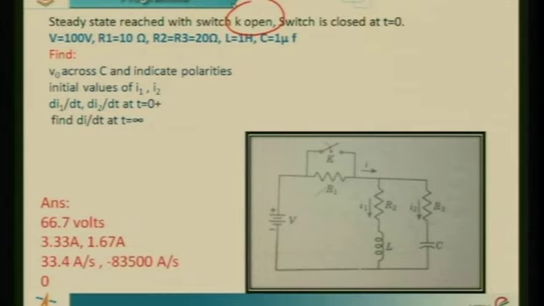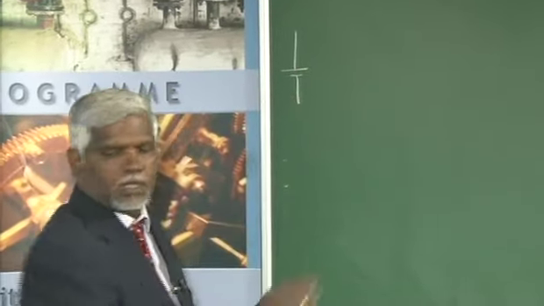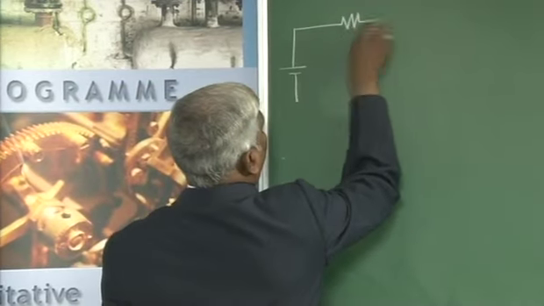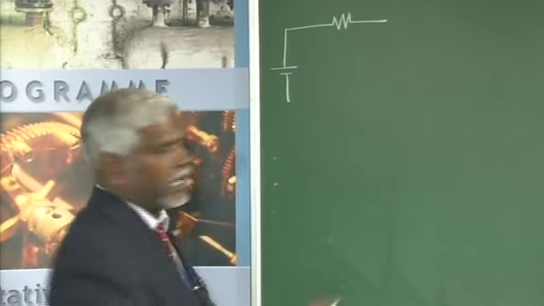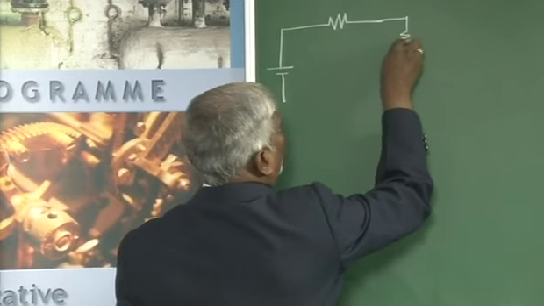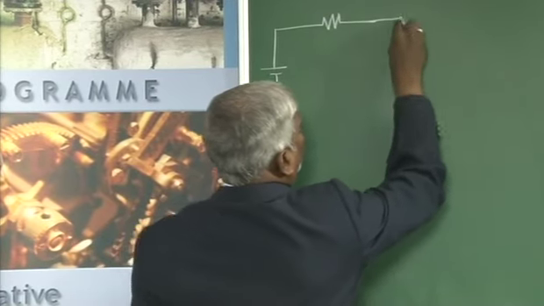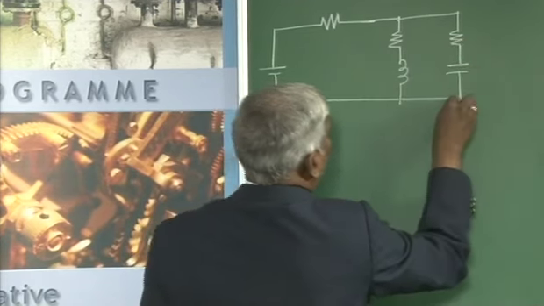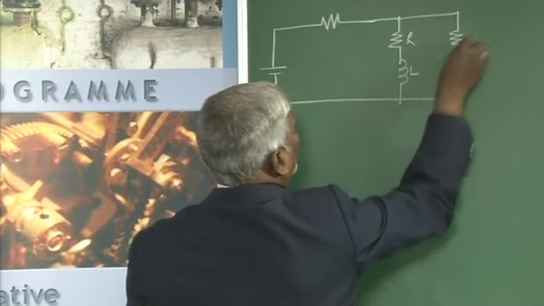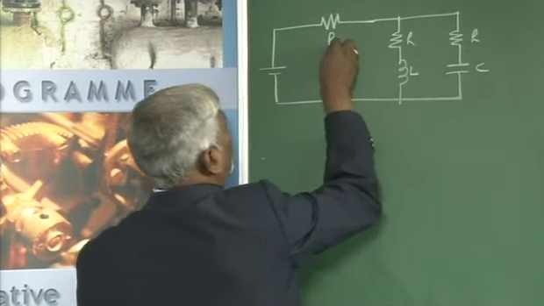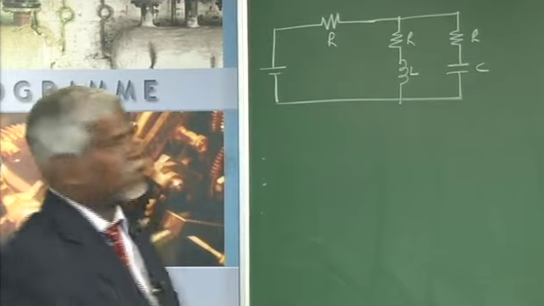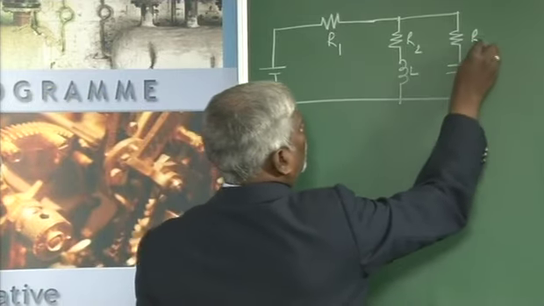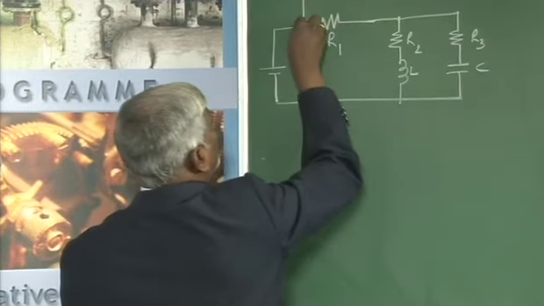There is only one capacitor in the network, so we will find out all these things today. I have a voltage source, a resistor, an RL and an RC network. This is RL, RC with R. We call these R1, R2, R3, and there is a switch here.